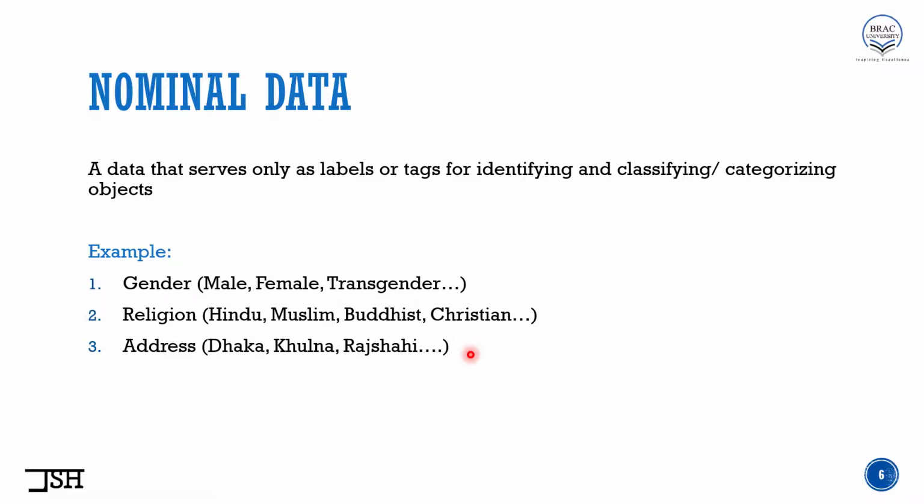So now you belong to the category of people who live in Dhaka, right? Or maybe you wrote Khulna. Then you belong to the category of people who live in Khulna. So that is why it's also nominal data. Why? Because it gives you the opportunity to choose one of the categories as your answer. Alright, so these are three examples of nominal data.